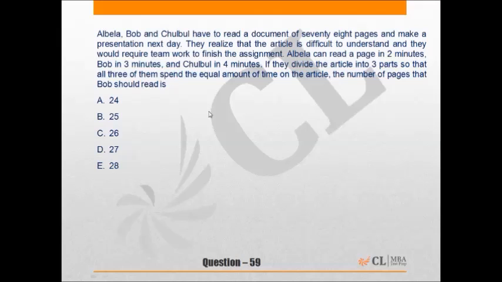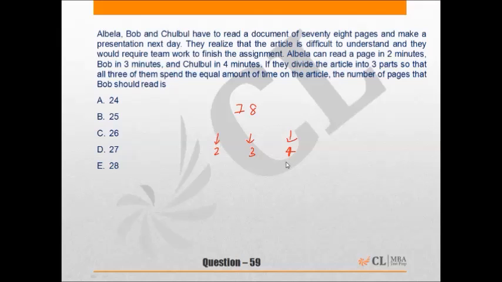As per the given information, Albela, Bob and Chulbul have to read 78 pages collectively. The time taken by Albela to read a page is 2 minutes, and that by Bob is 3 minutes, and that by Chulbul is 4 minutes.